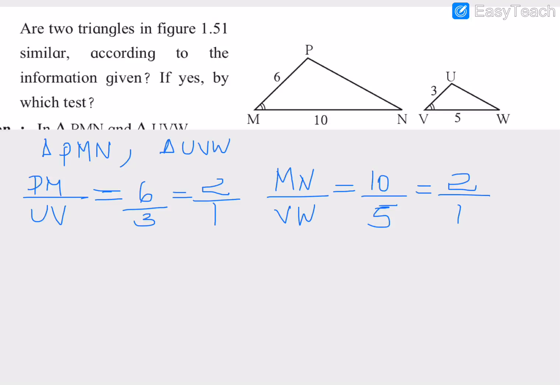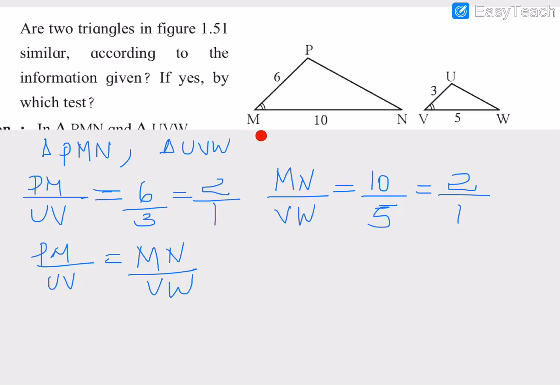So we got that the ratios of the corresponding sides of the two triangles are equal. PM by UV is equal to MN by VW. That means the ratio between corresponding sides of the two triangles PMN and UVW are equal. So we got the first condition here.